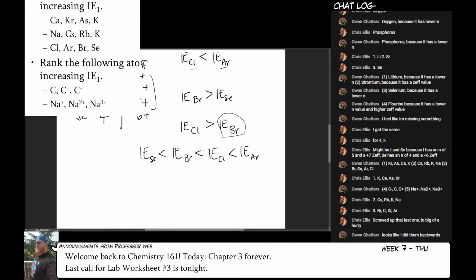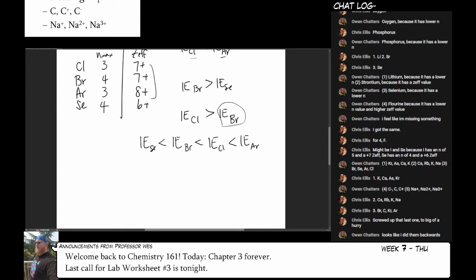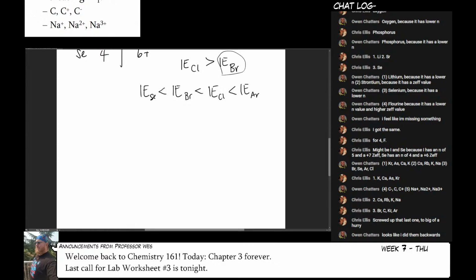All right, we can do the same thing down here. But really, these are just going to be, okay, which one has the most electrons and which one has the fewest electrons? So we know that C minus has the most electrons, so it's going to be the easiest to remove one. And each time you remove electrons, it gets harder and harder to ionize them, right?